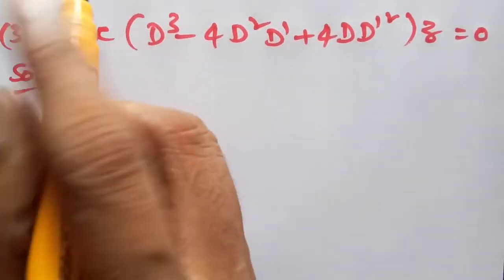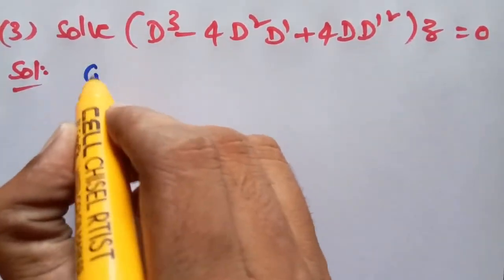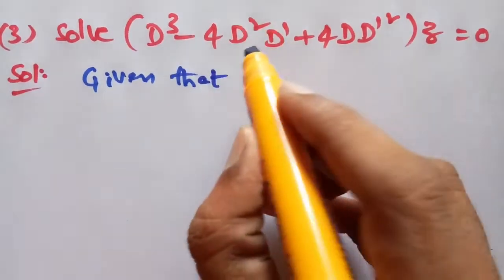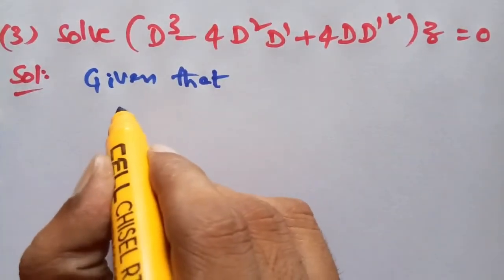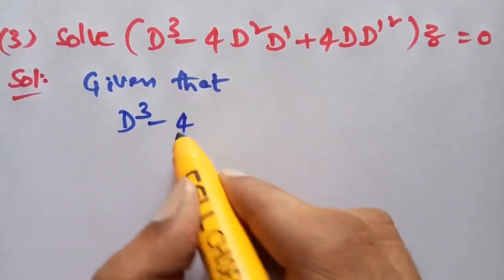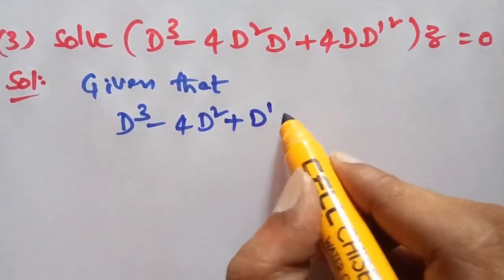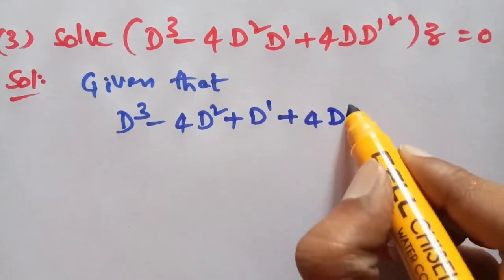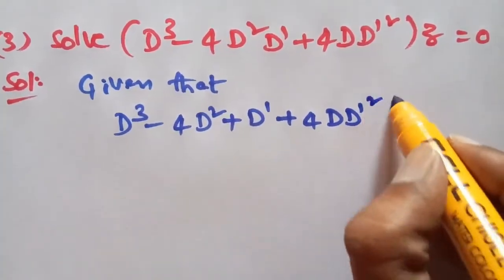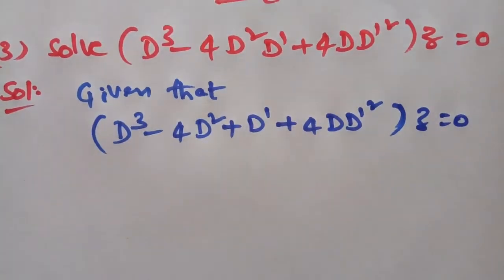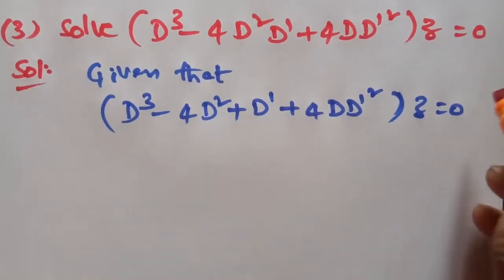Therefore, write down the given equation. Given that D cube minus 4 into D square D dash plus 4 into D dash square into z equal to 0. Say this is equation number 1.